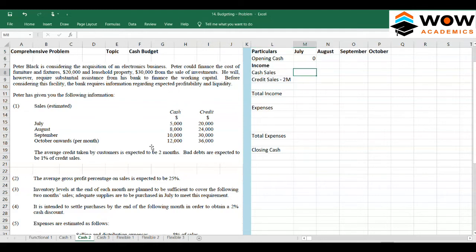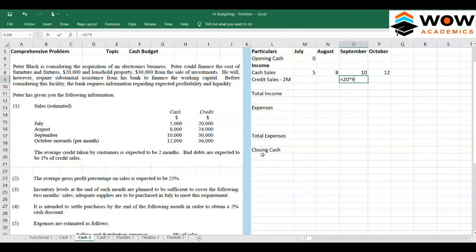So we can put the cash sales. Cash sales is 5, 8, 10, and 12. And credit sales we will receive in 2 months time. So the sale made in July will be received in September. So the September amount would be 20, but not all the 20 we will receive.